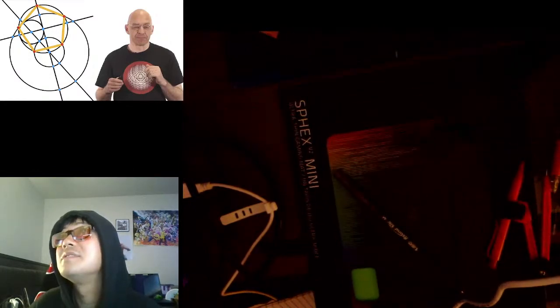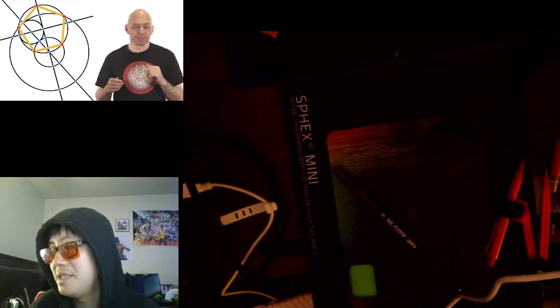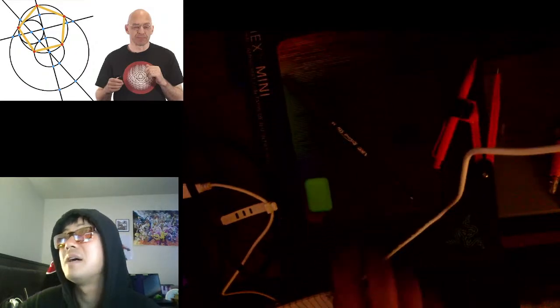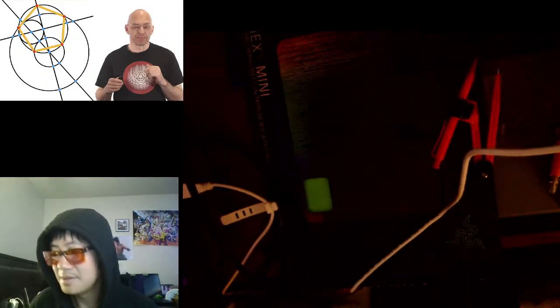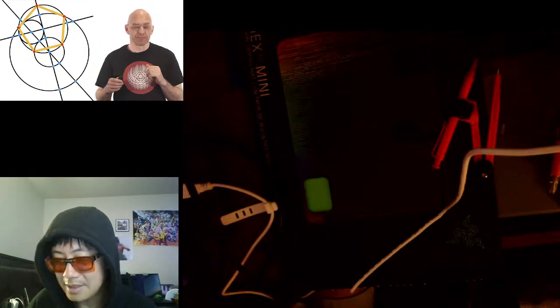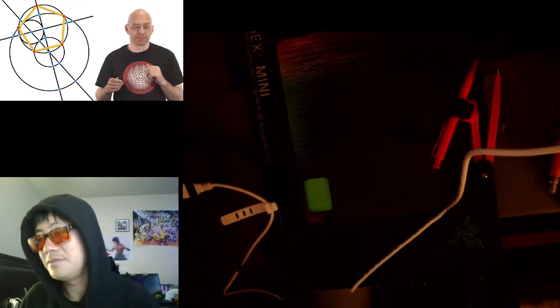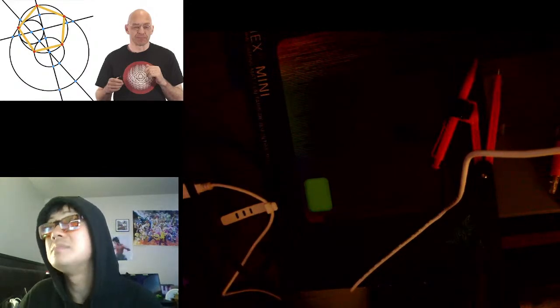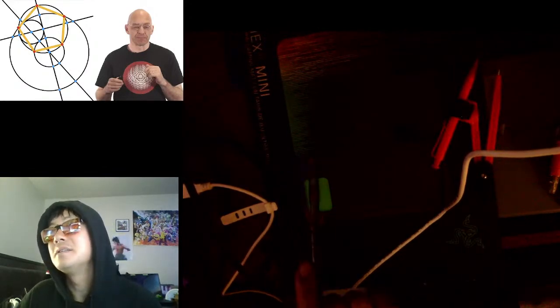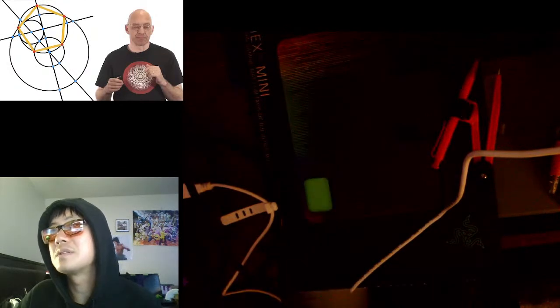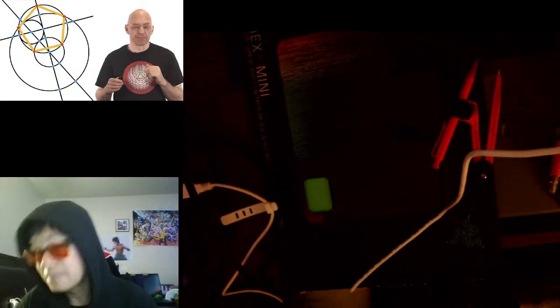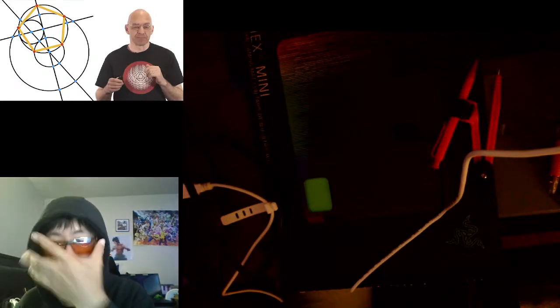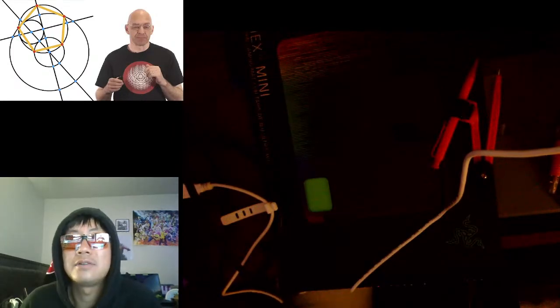So interesting what this is. It's the Sphex Mini by Razer. Maybe in a future YouTube video I'll explain why Razer Naga is so closely associated with diagonalization and Cantor's diagonal technique.